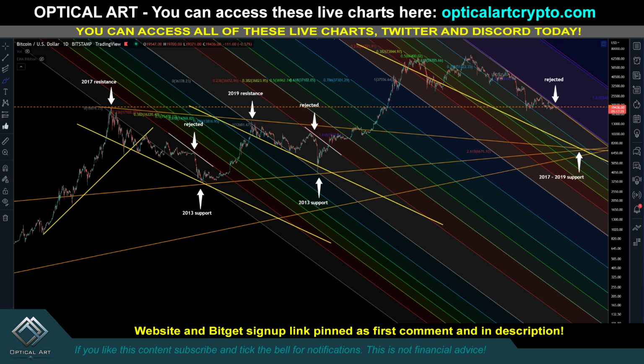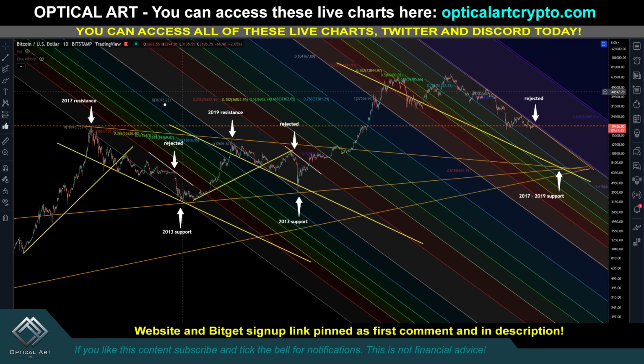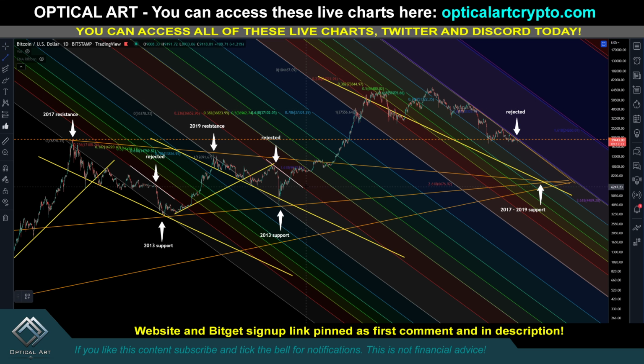Same thing, guys. And let's do the next one. Let me zoom out a bit, hold on. So if you'll notice right here, we follow this up. You see how that's working? Right here, support, support, support, and resistance. So they're all playing out the same.